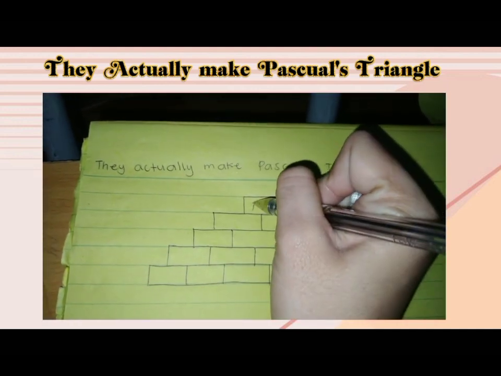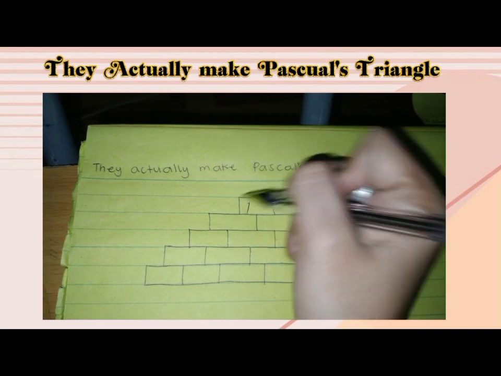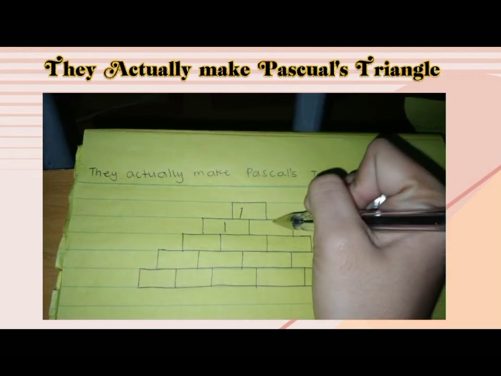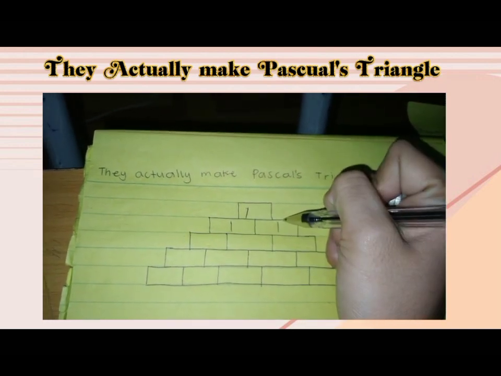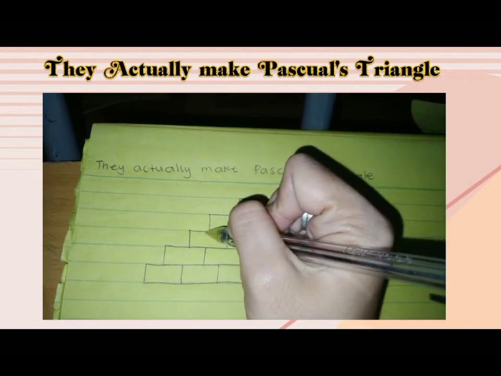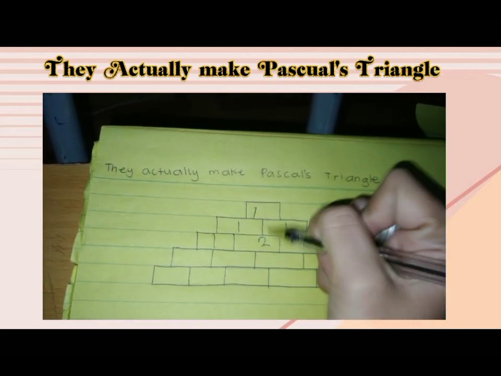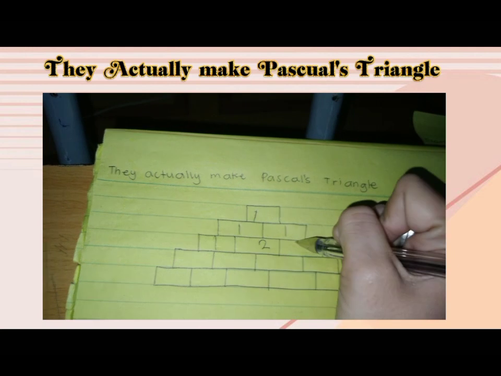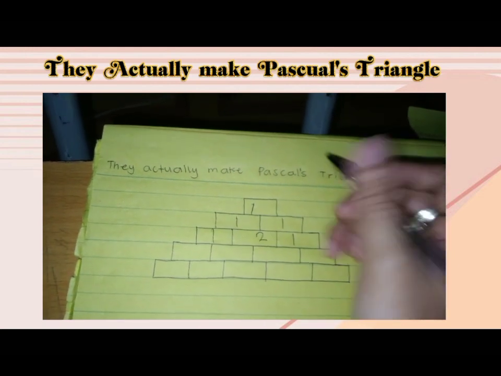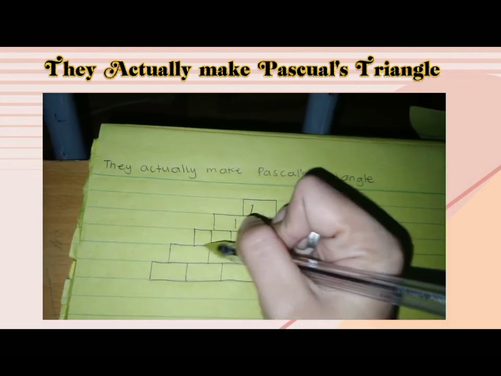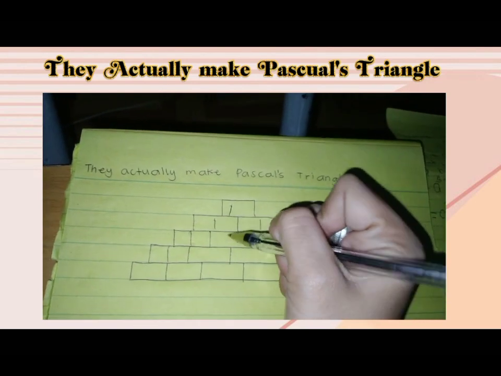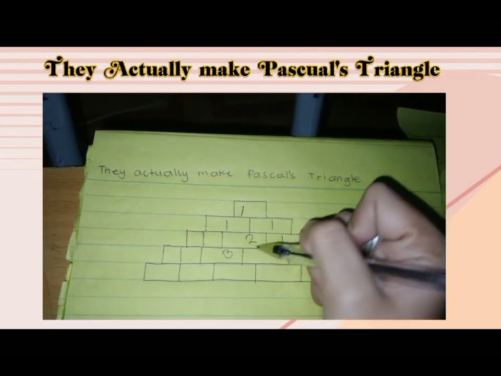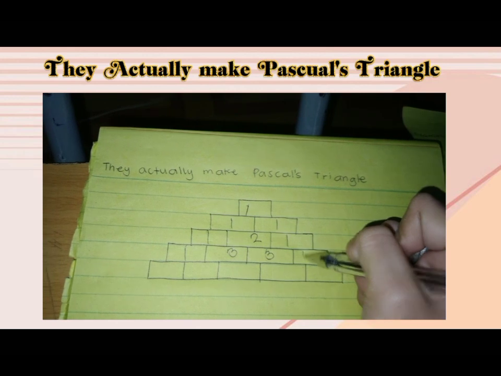So input the 1, and the second row is 1 and 1. The third is 1, 2 and 1. And the fourth is 1, 3, 3, 1.